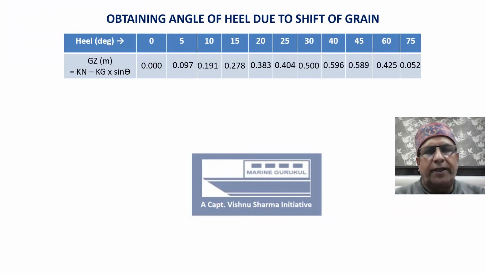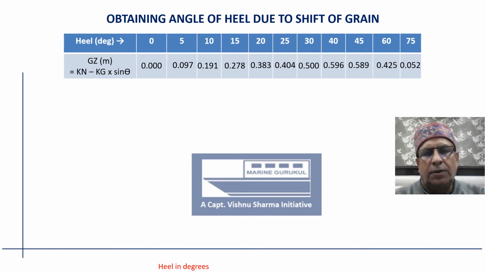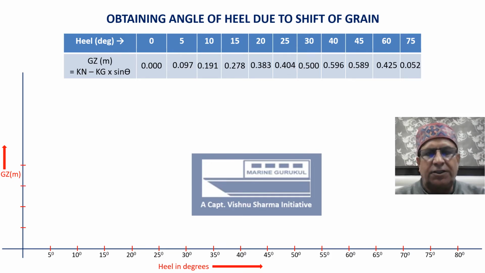Now we shall obtain the angle of heel due to assumed shift of grain, for which we'll draw the GZ curve. We have the angle of heel on the x-axis. We have GZ in meters on the y-axis. We calibrate the x-axis, use as large a scale as possible, and then accordingly, based on values of our GZ, we calibrate the y-axis, and once the x-axis and y-axis are calibrated, we plot the values of GZ as in the GZ table, including 0 degrees angle of heel.